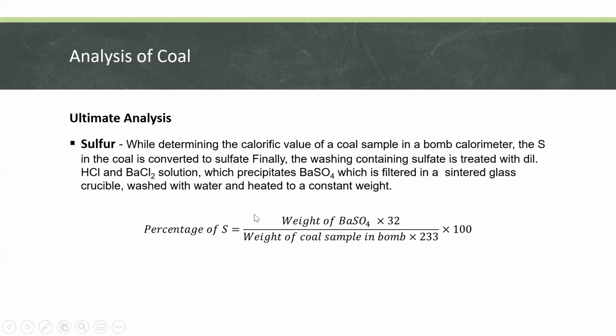Then, by the same principle as in getting the carbon and hydrogen by ratio and proportion, the weight of the barium sulfate times 32, which is the molecular weight of sulfur, divided by the weight of coal sample in the bomb times 233, times 100. Then this is the percentage of sulfur.